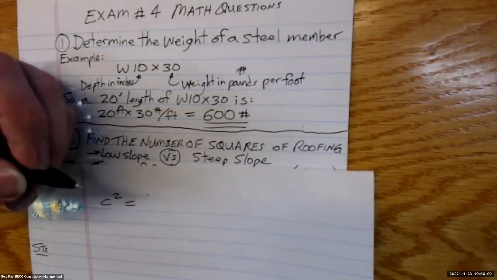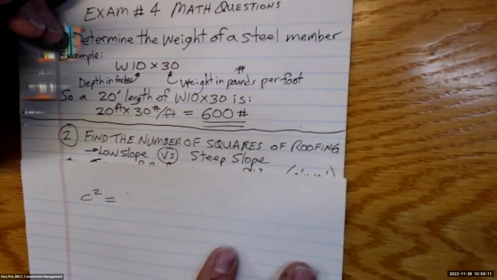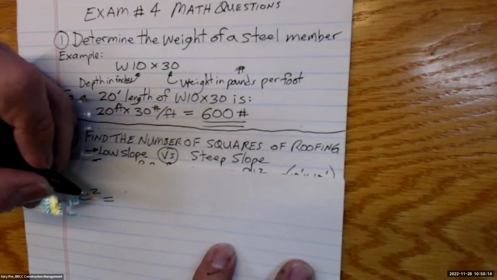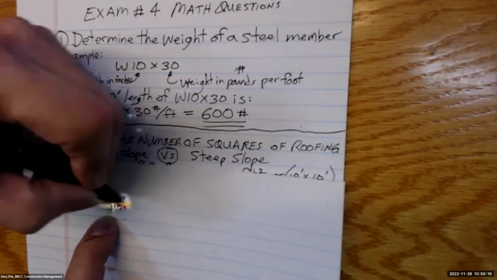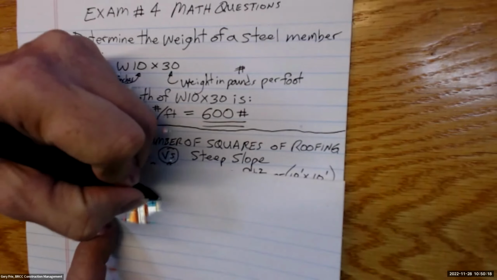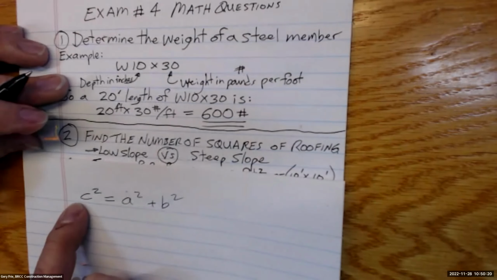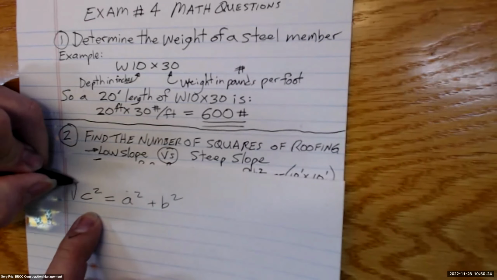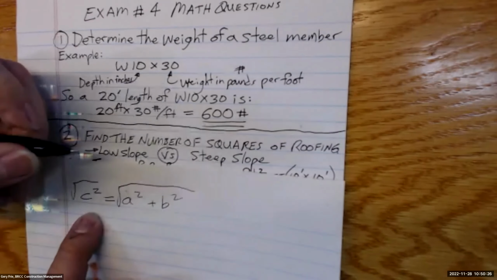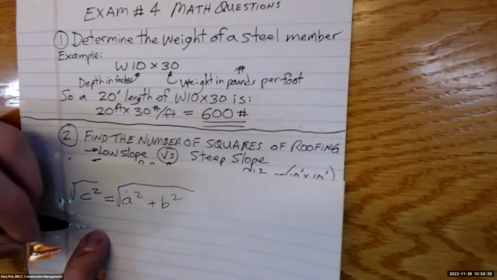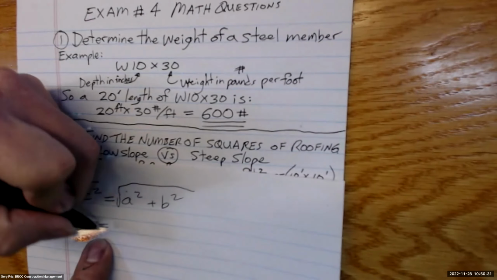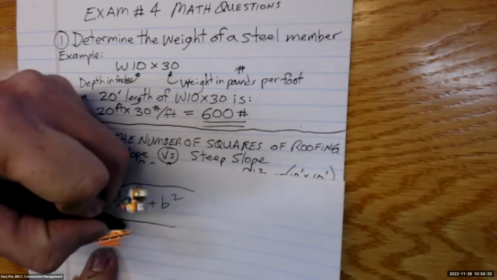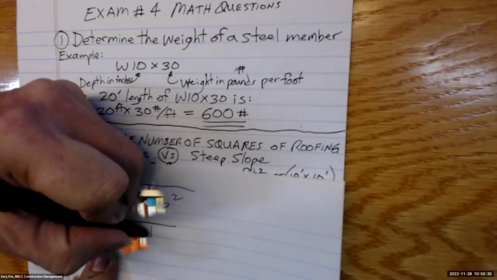I've got funny reflections because I've got my background on, but anyway. That's Pythagoras' theorem, but I purposely put C squared on this side of the equation, because if you take the square root of both sides of that equation, the square root of C squared is just C. So C equals the square root of A squared plus B squared.